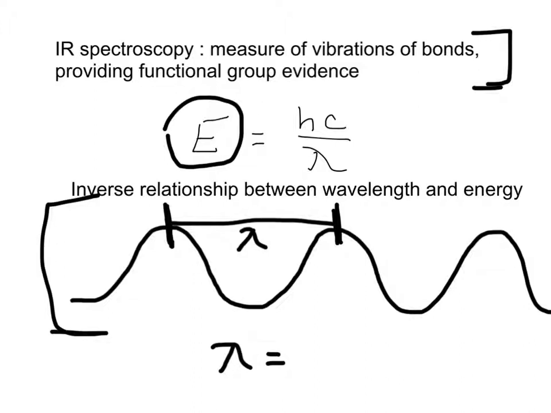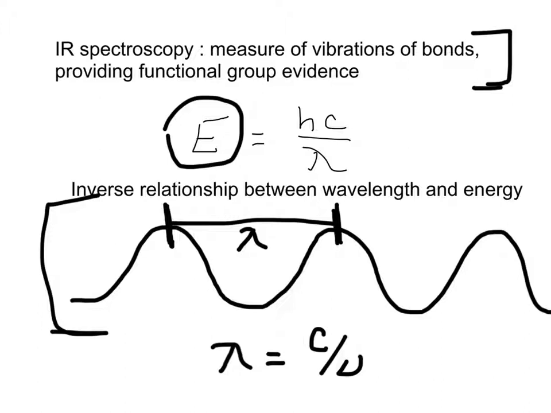And so we also know then that the wavelength is actually inversely proportional to the frequency, and that the frequency is essentially the repetition of that wavelength. So it's like the number of cycles.